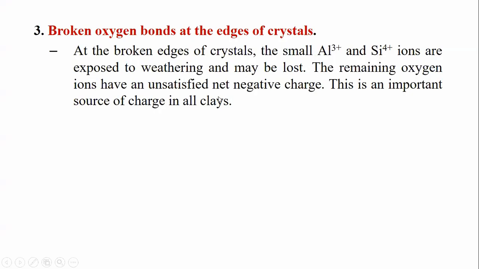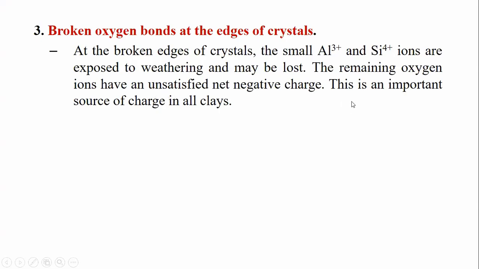So that may create the net charges. Here at the broken edges of crystals, the small Al3+ and Si4+ ions are exposed to the weathering and may be lost. That is the reason for the broken oxygen bonds at the edges of crystals. Therefore, the remaining oxygen ions have unsatisfied net negative charges.